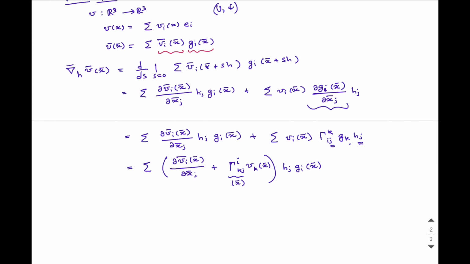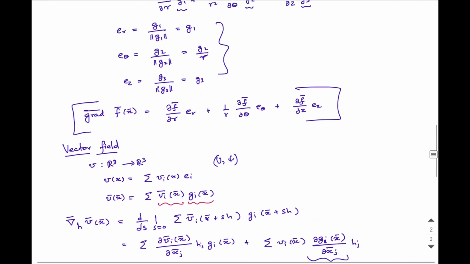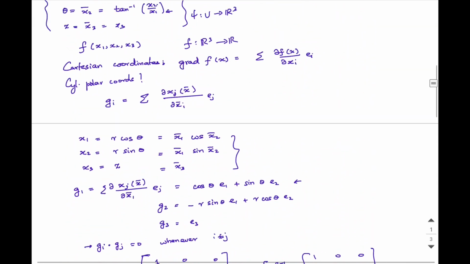And now once you have this expression, if you can write this as the inner product of something dot h, then that something is the gradient. Okay, so how do you go about doing this? The technique here is exactly the same as what we studied earlier. There will be an extra term of this particular form.